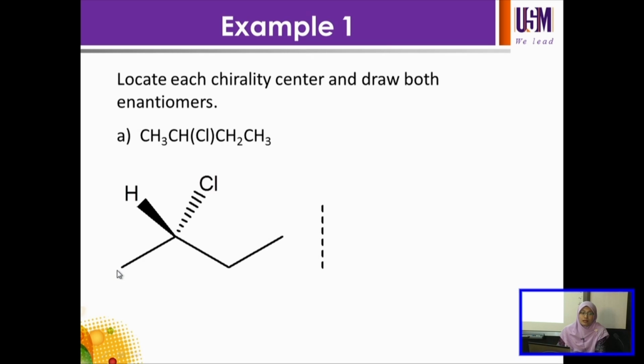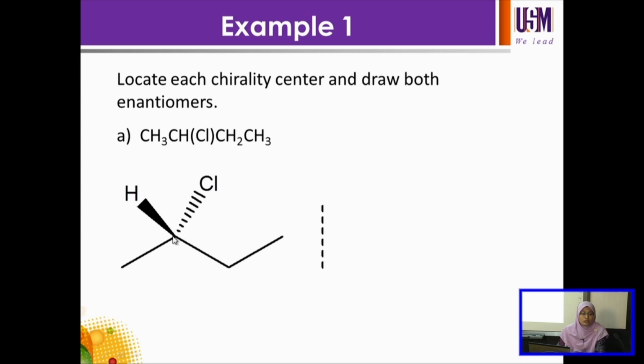The chiral carbon cannot be at the end of the structure. It must be in the middle. So we have 1 carbon here that has 1 CH3 group and 1 group attached to this, and then we have 2 hydrogen atoms attached to this carbon, so this carbon cannot be the chirality center.